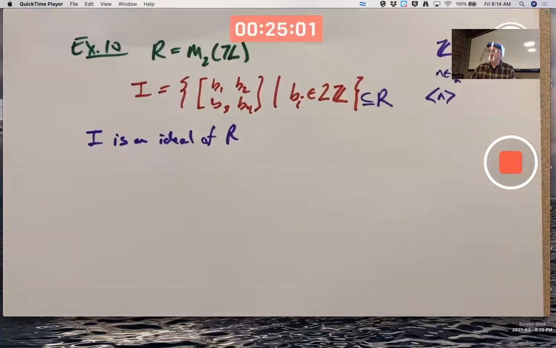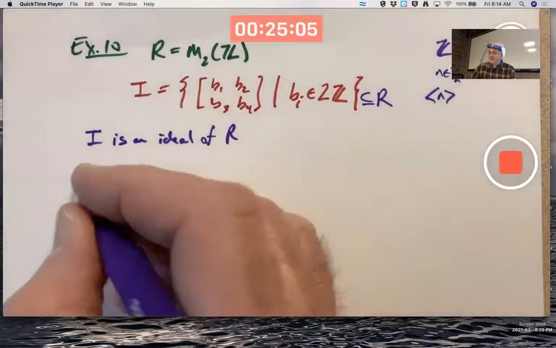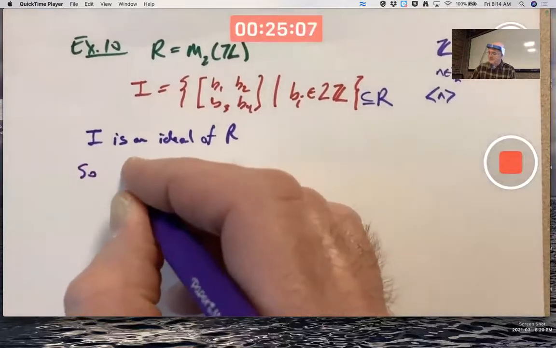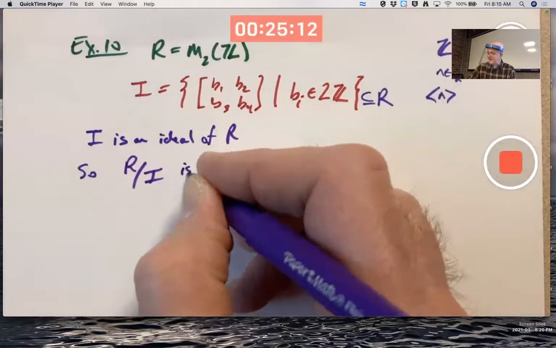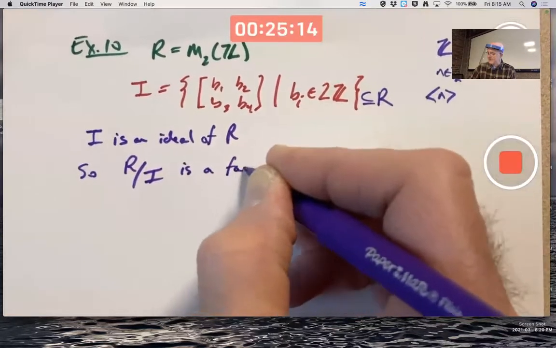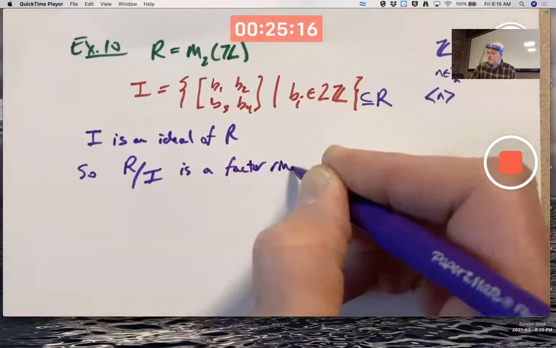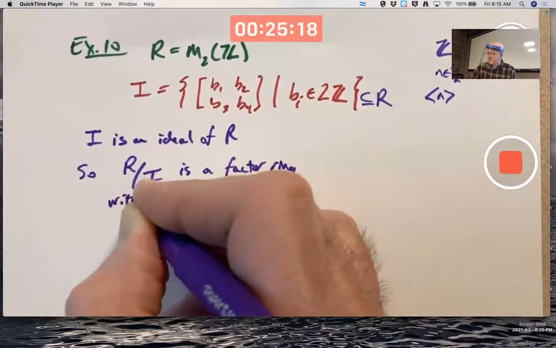I is an ideal of R. We just argued that verbally. So R mod I is a factor ring with a well-defined multiplication.